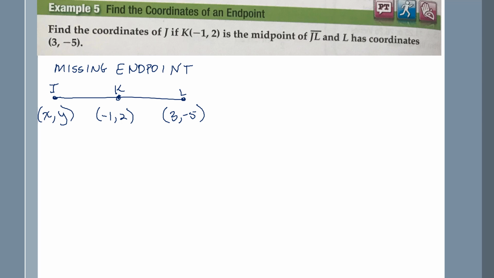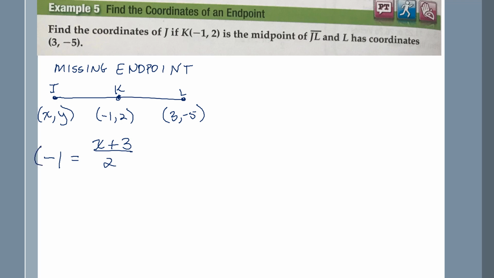So what we're going to do here is set this up. We're going to solve for X. So X plus 3. The midpoint values, again, this is going to be negative 1 is equal to this point plus this one over 2.